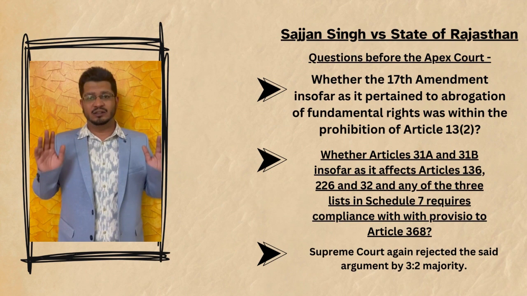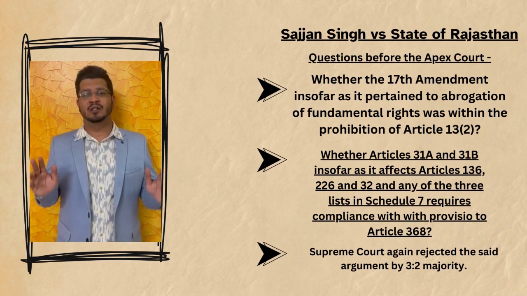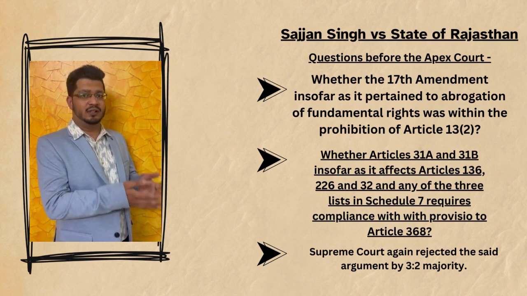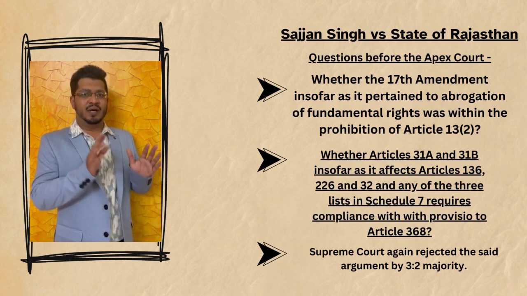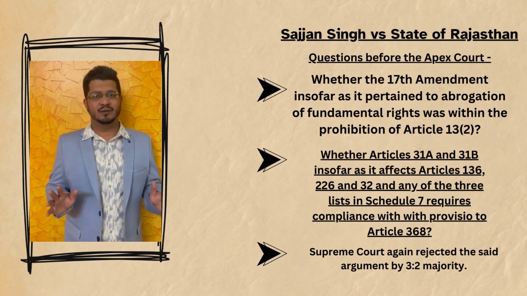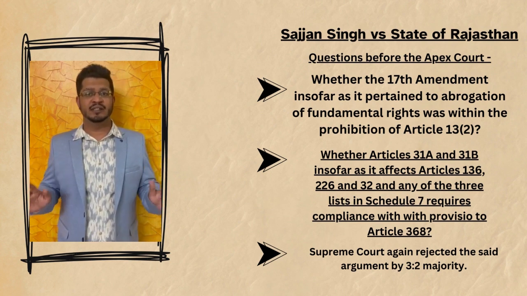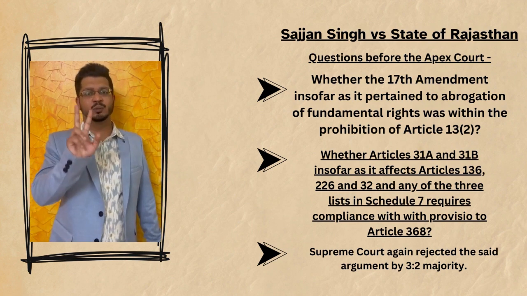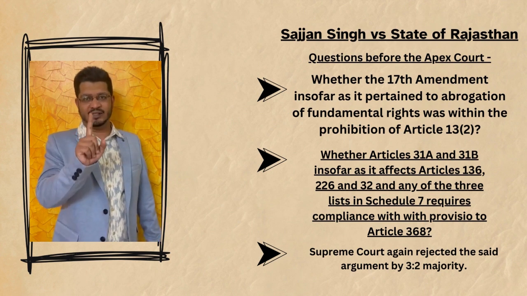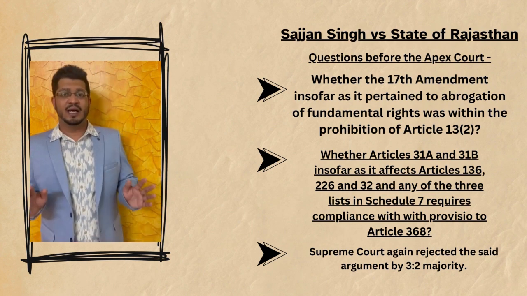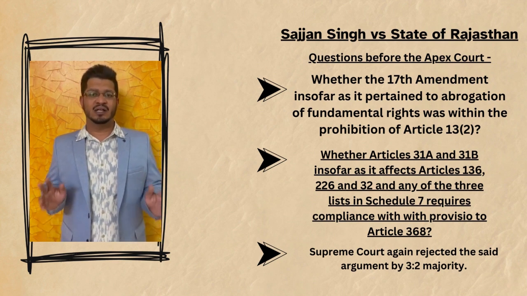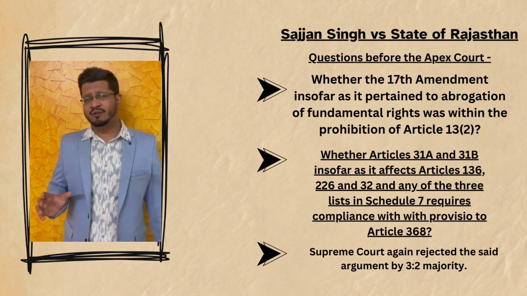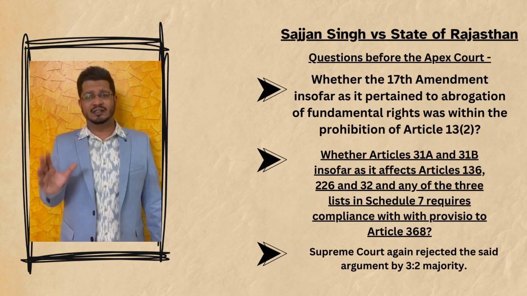The 17th Constitutional Amendment placed certain laws related to the acquisition of property in the 9th schedule of the Constitution. We saw previously that by placing laws in the 9th schedule, they were made immune from judicial review. Therefore, in this case, there were two questions before the Honorable Supreme Court. The first question was that insofar as the 17th Amendment curtailed or abrogated the fundamental rights, did the 17th Amendment fall within the prohibition of Article 13, subclause 2?